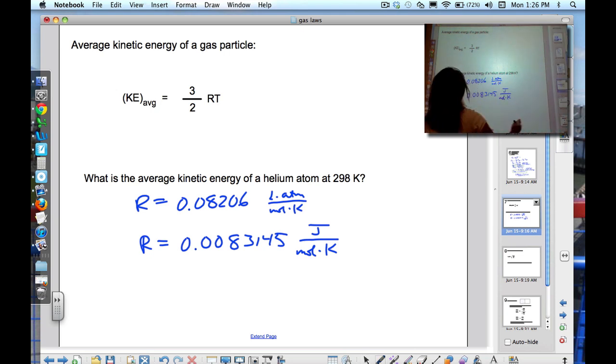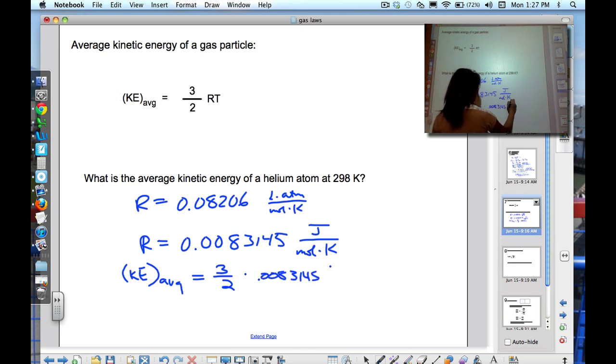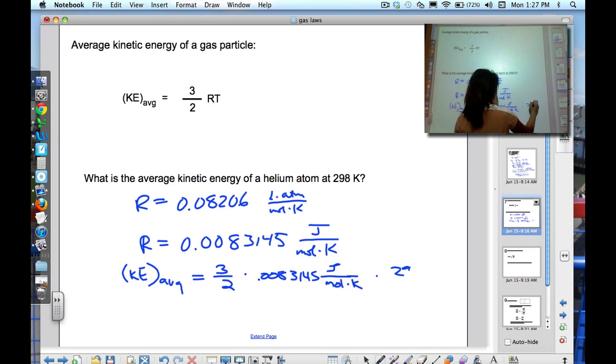Yeah, so the average kinetic energy would just be equal to 3/2 times 0.0083145 joules per mole Kelvin times 298 Kelvin over 1.